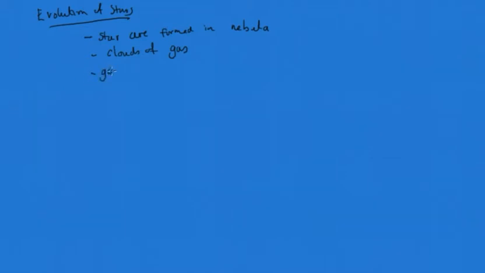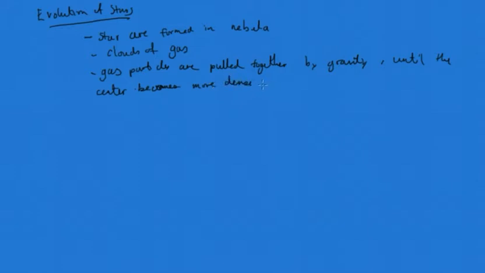The gas particles are pulled together by gravity until the center becomes more dense, and this allows a protostar to form.